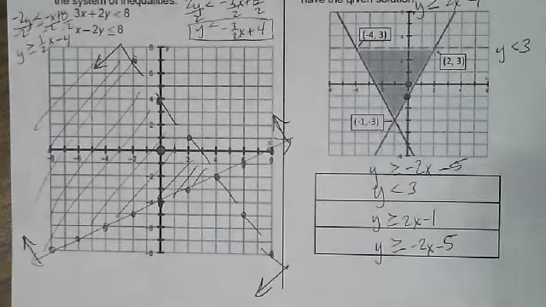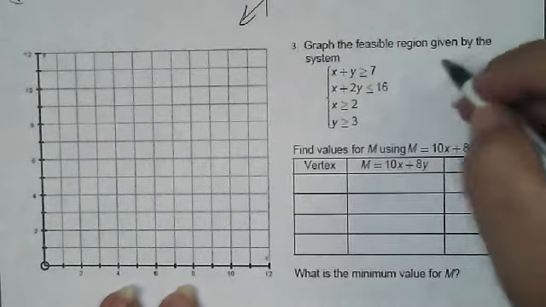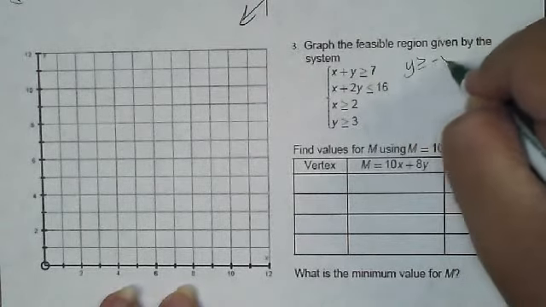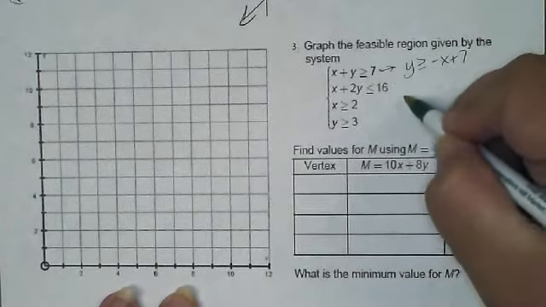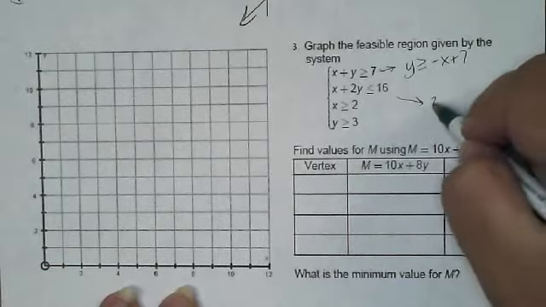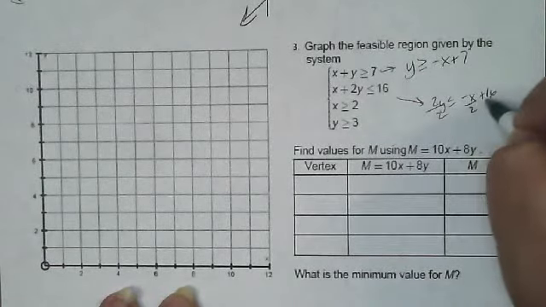Alright, number 3, last one. In order for us to graph it, we need to change these two. So y is greater than or equal to negative x + 7. And here, that's this one, here we're going to move the x over and then divide by 2.